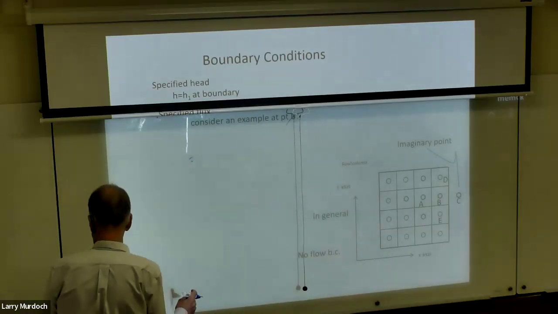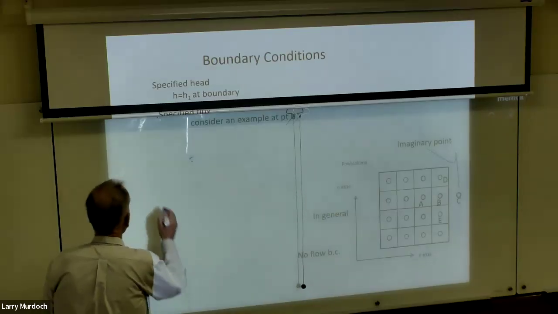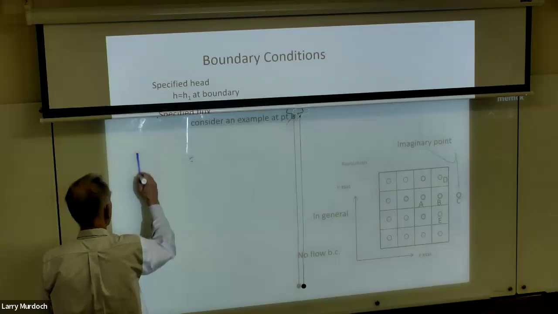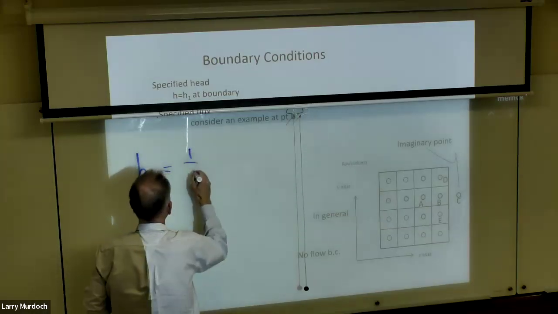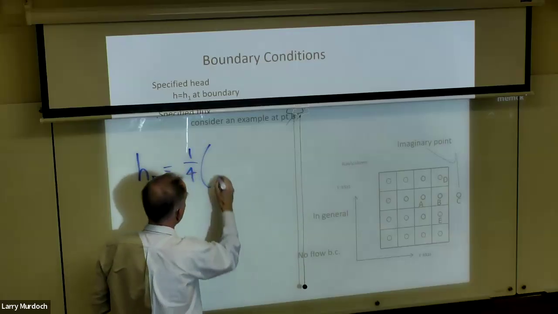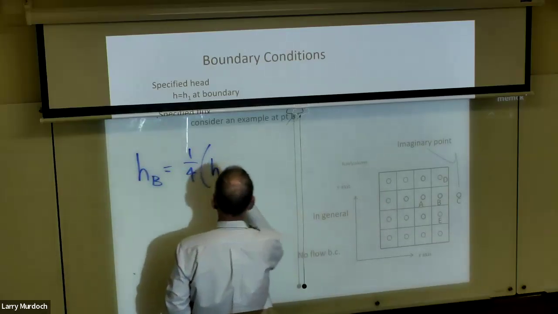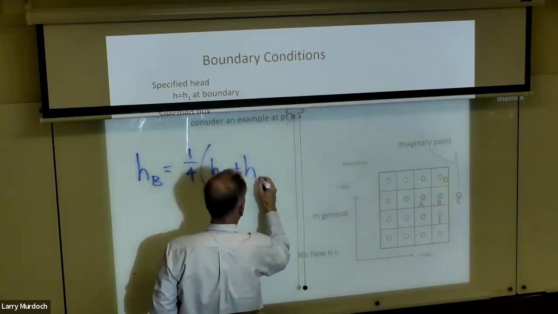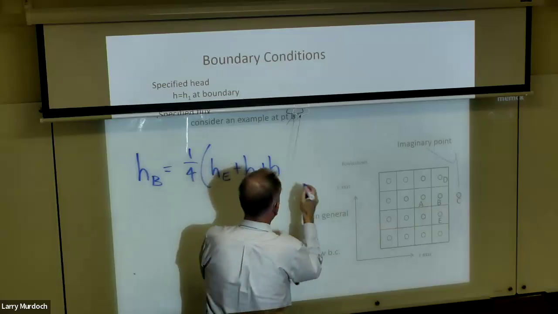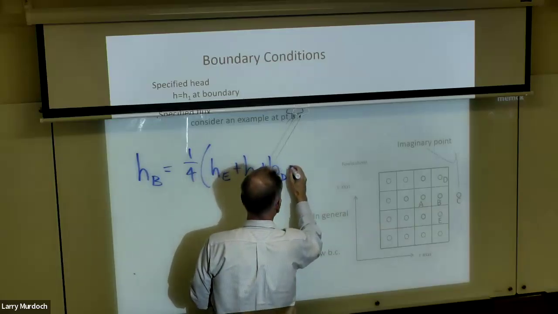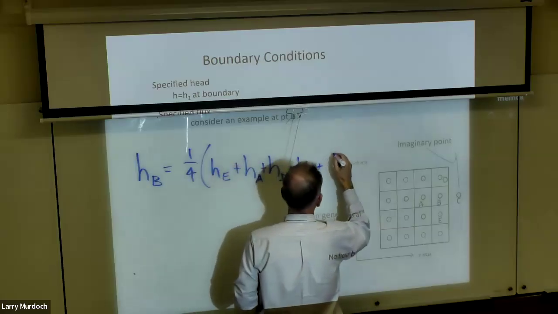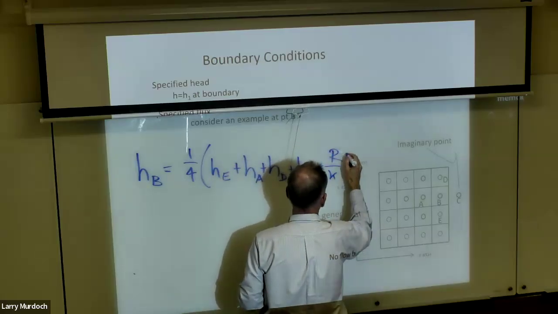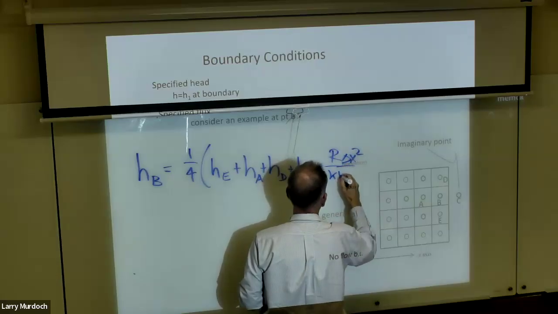The equation that we had was, I think, H at B equals one quarter times the sum of the heads all around it: H E plus H A plus H E plus H C, plus R over K B, R delta X squared, over K B, at B.